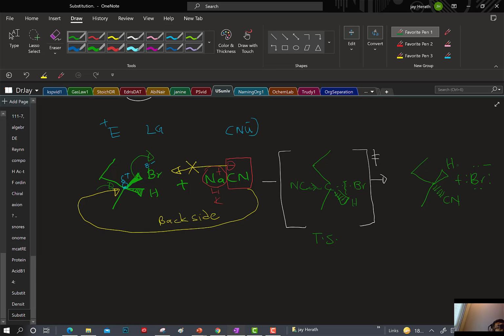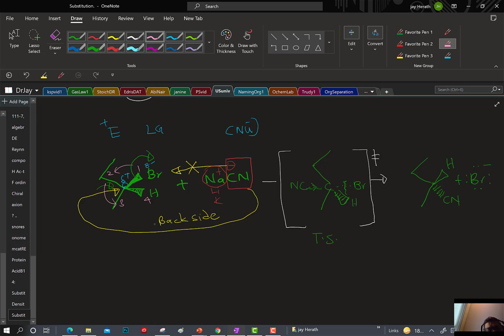So now from that we can just quickly get the R/S configuration for this one. We can see this is the fourth group, this is the first, this is the second, this is the third, 1 2 3, and the hydrogen in the background.